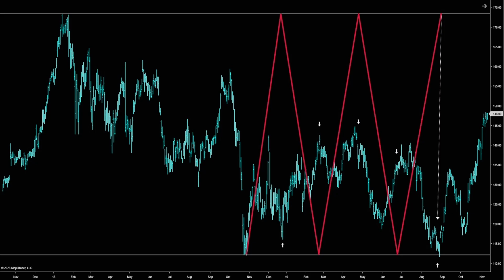The moment it gets taken out, then it's no longer valid. Here we didn't take out the high. Here we took out the low, as you can see down there, which invalidates our low back here. Same principle except for lows instead of highs.